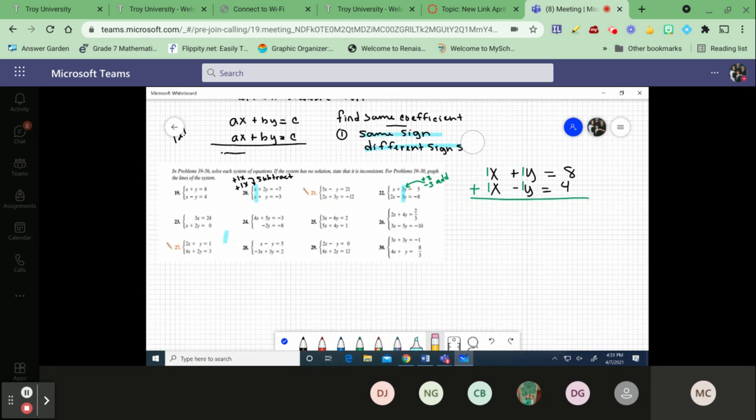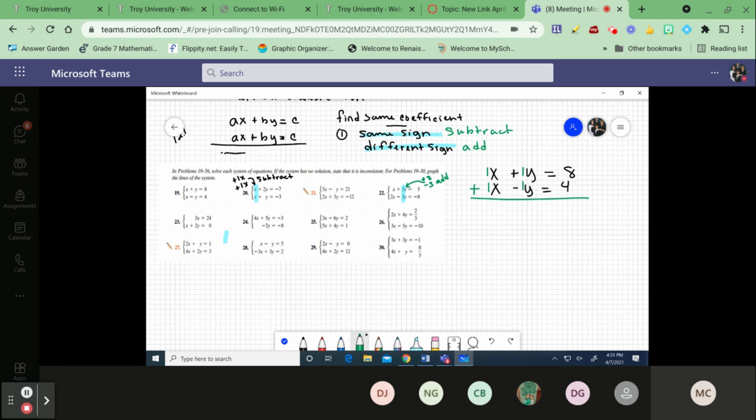Same sign, you're going to subtract. Different sign, you're going to add. You're looking to get that 0, right?